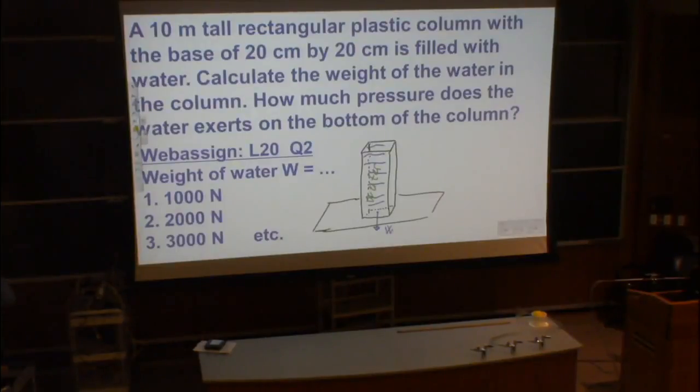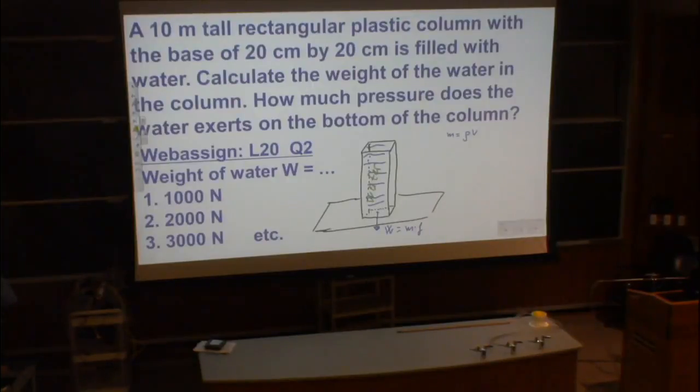What's the equation for weight? Well, you say mg, right? And what is the equation which relates mass, volume, and density? And now we get the equation you used.